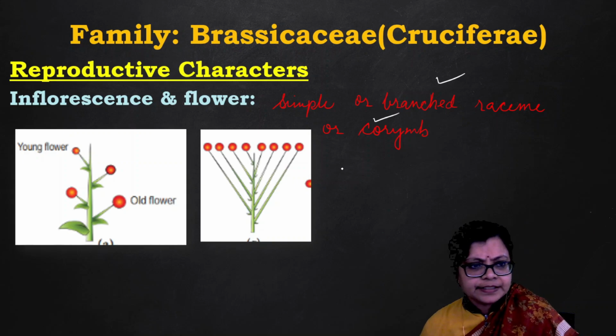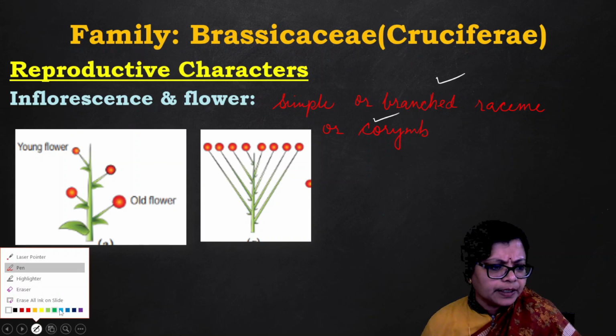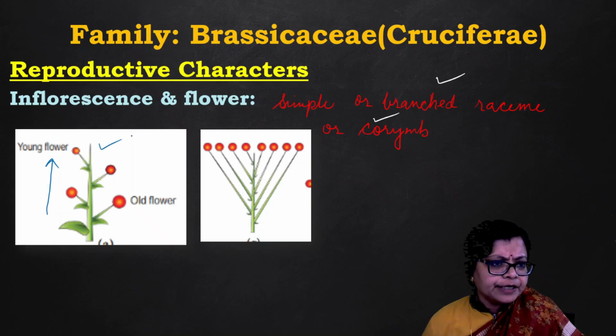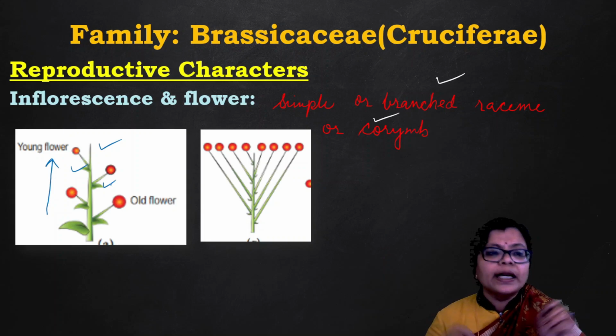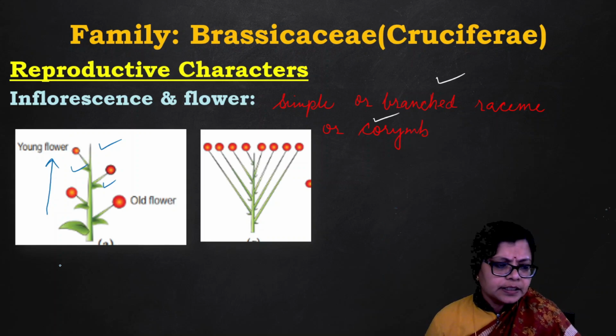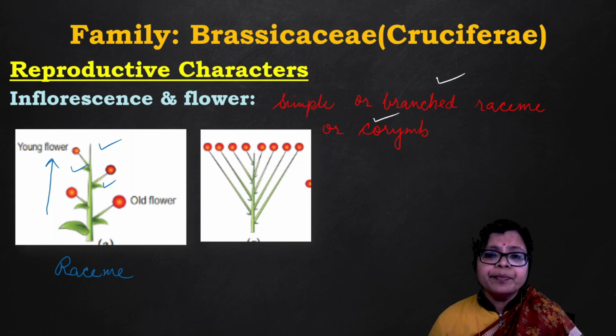In case of raceme, here you see the flowers develop from base to apex, indefinite growth, and pedicel is present and of equal length. Clear? So this is considered as the raceme.